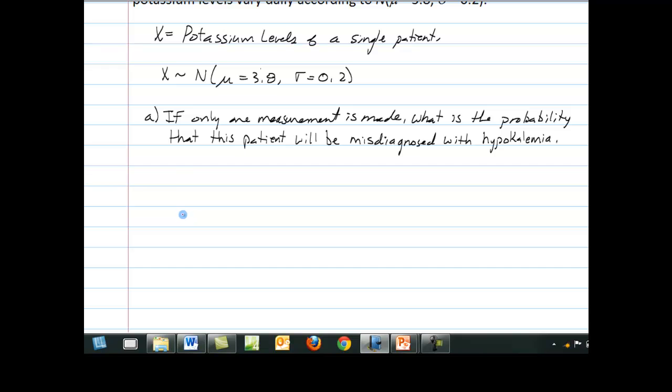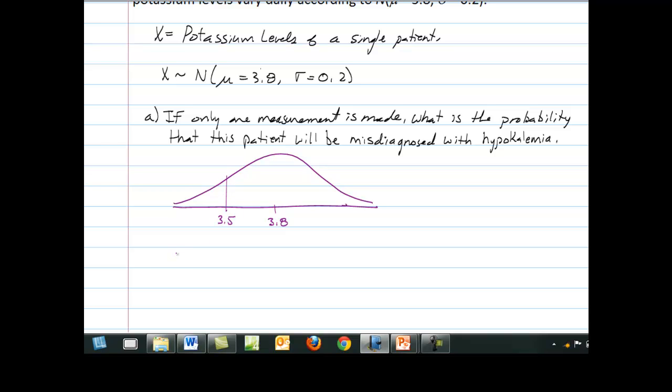The first thing I'd like to do is draw up a normal curve. The mean of this normal distribution is 3.8. This value of 3.5 or below, well, we know 3.5 is right here.